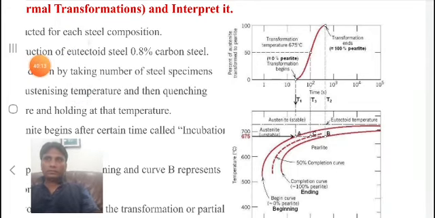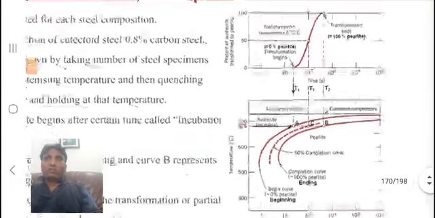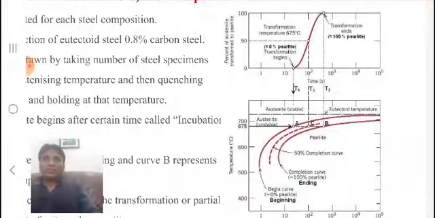So with the help of this, the main advantage of the TTT diagram is we can quench the steel to the temperature where the transformation begins, and we can again quench the steel after the completion of the transformation.